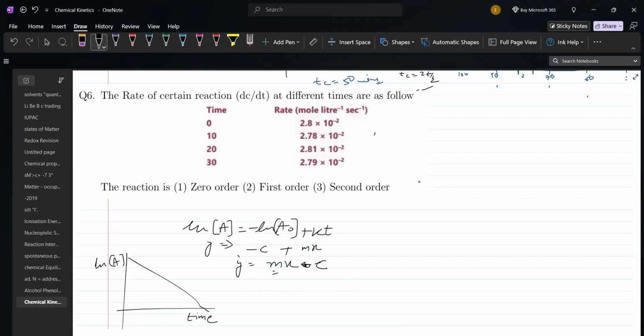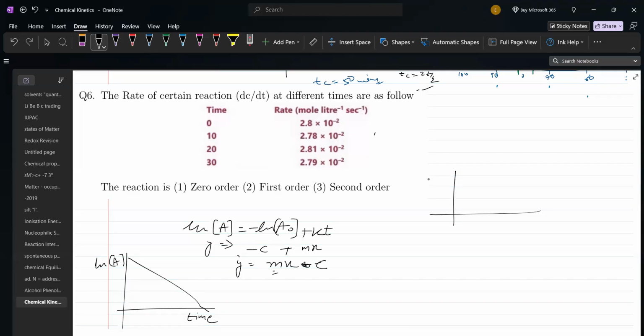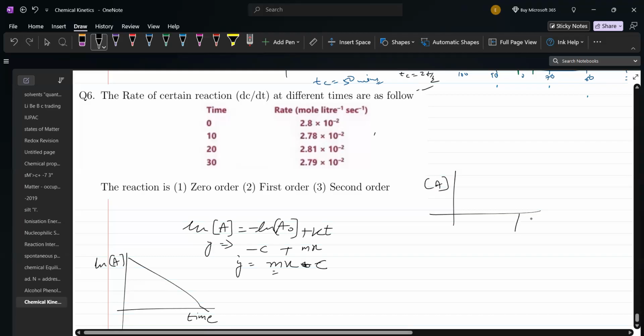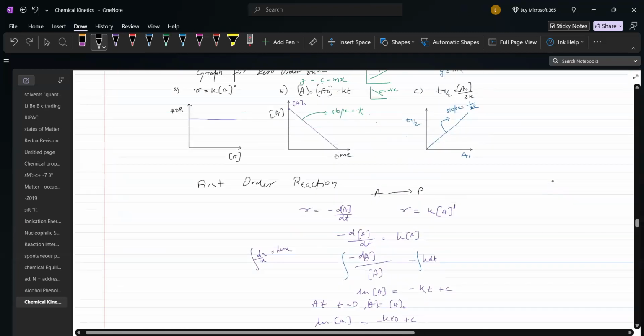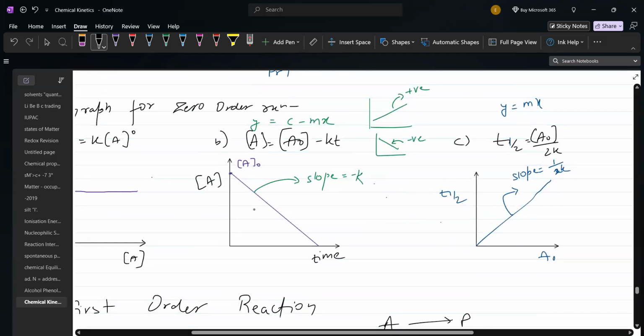We have seen the graph of concentration A versus T in zero order. So the graph was like this. Please try to remember, for zero order the graph of the concentration of A versus time was a straight line like this.